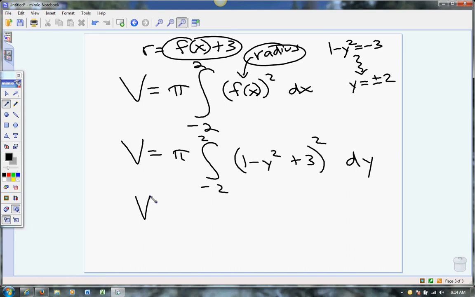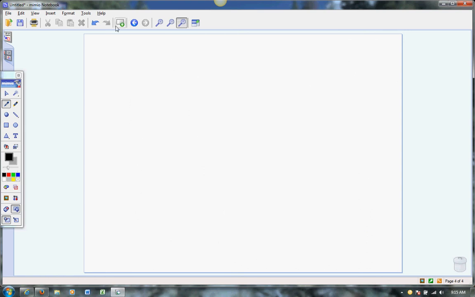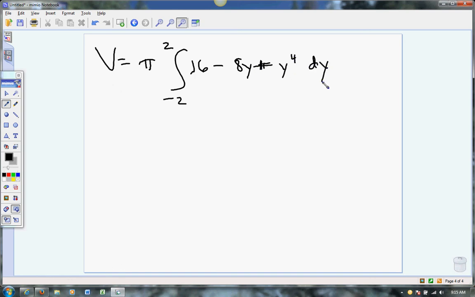So now I can clean this up. It's going to be the integral from negative 2 to 2 of 4 minus y squared, the quantity squared, dy. So when you square that, you're going to have to use FOIL. So the volume will equal pi times the integral from negative 2 to 2 of 16 minus 8y squared plus y to the 4th dy.